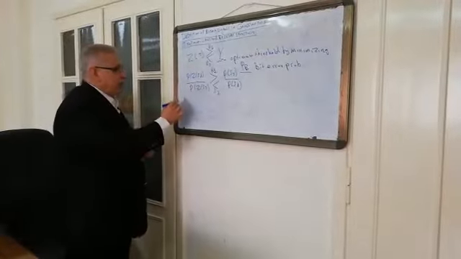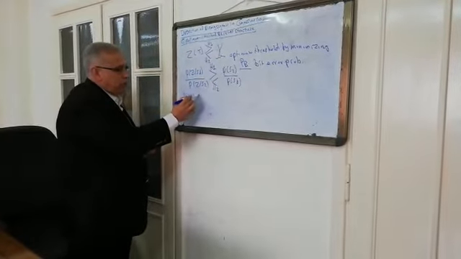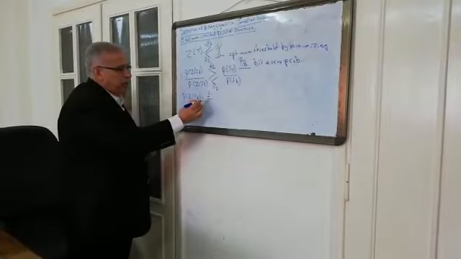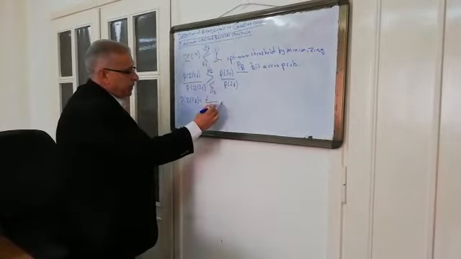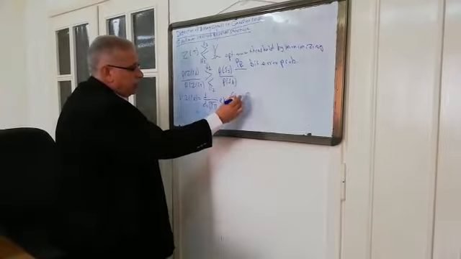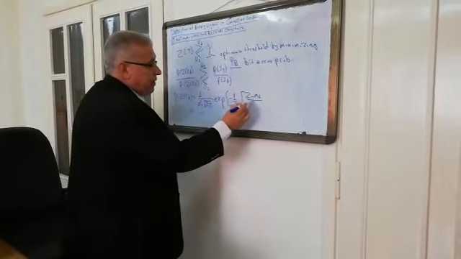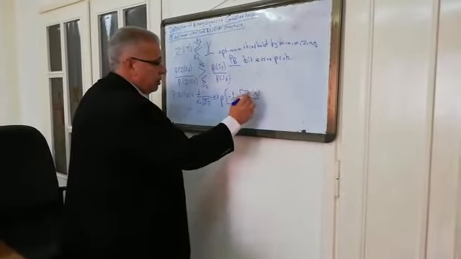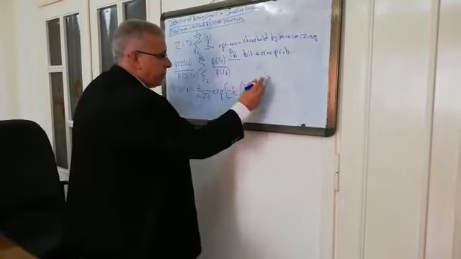Now referring to the equation, the likelihood of S1 will be equal to 1 divided by sigma naught root 2 pi, exponential minus 1 divided by 2, z minus a1 divided by sigma naught, squared.